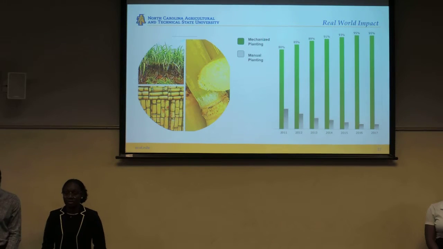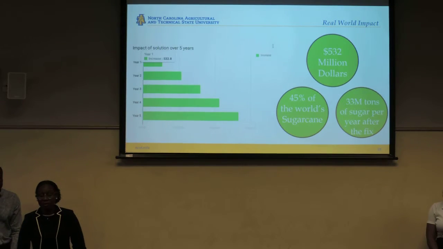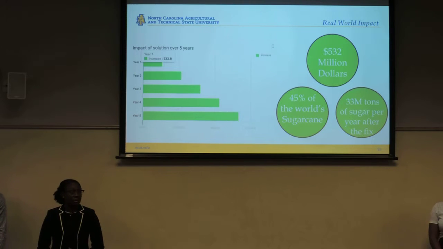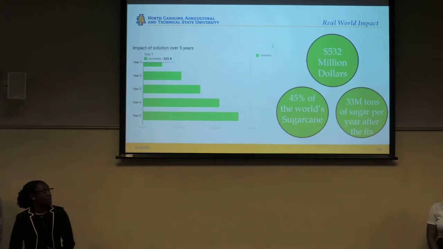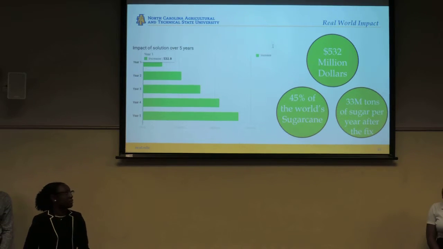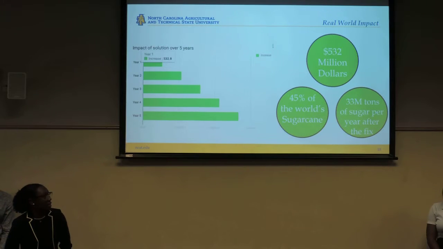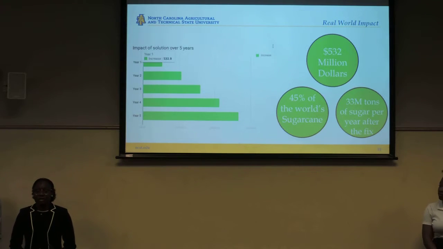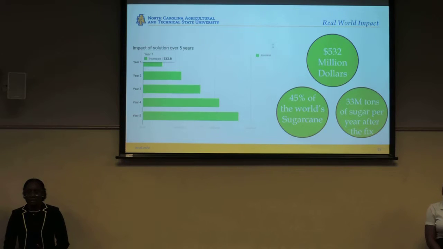So now, let's jump into the value. With our new solution, we've come to the conclusion that an estimated 33 million tons of sugarcane per year are going to be seen by our farmers after this fix.